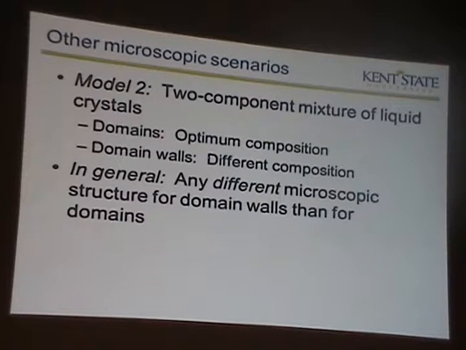Then the domains could be regions that expel quantum dots, and the domain walls could be regions with a high concentration of quantum dots. That could be our model for what happens within the domain walls, and that's what happens experimentally in one of our talks from this morning. So in general, there could be any different microscopic structure for the domain walls compared with the domains themselves.